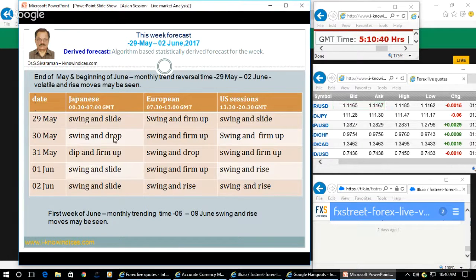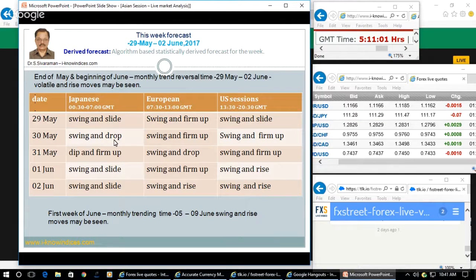Or if you want to do some big trade, try to buy during the 31st or Wednesday European session drop, and later on book profit during the Friday 2nd June US session rise after the non-farm payroll. That way you can do the trades.